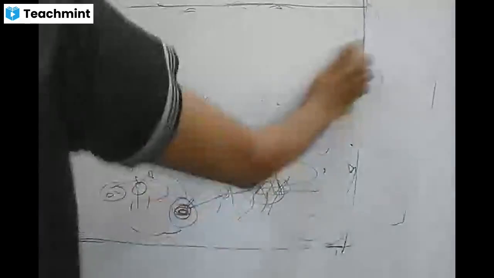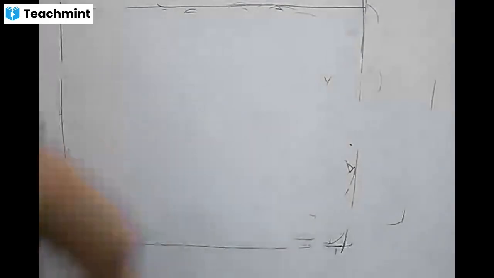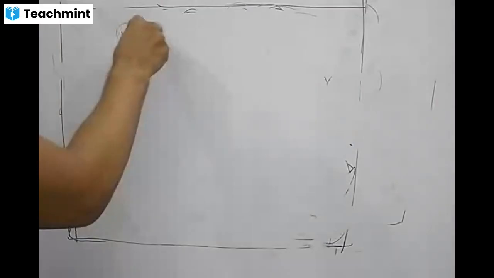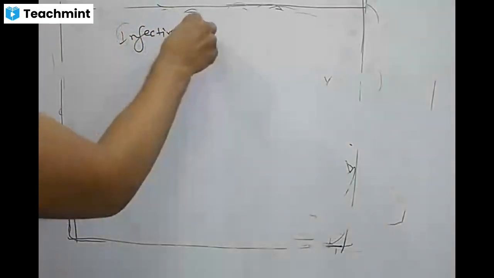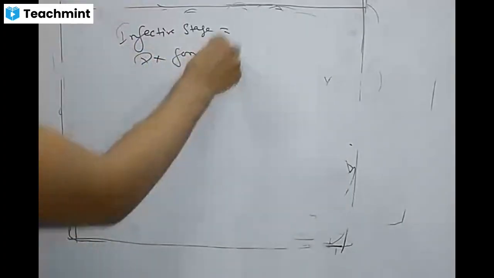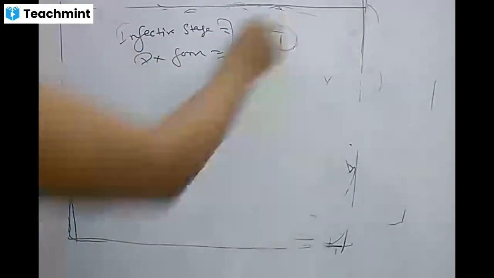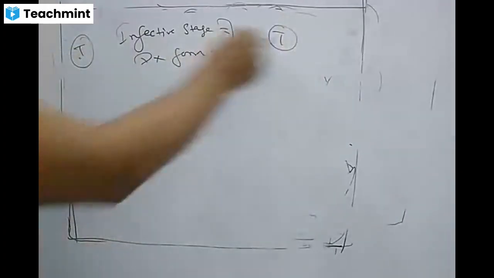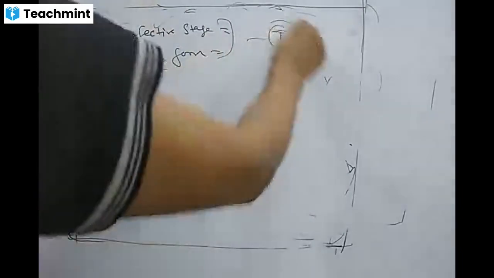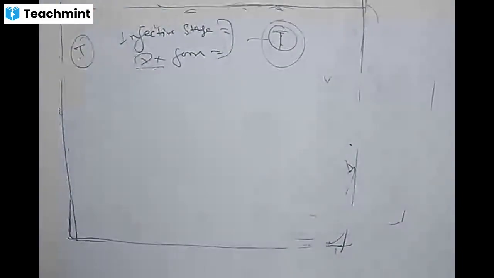So next we will start with the life cycle of your trypanosome. This is a very simple life cycle, because in case of trypanosome, the infective form and the diagnostic form are both T. So in case of trypanosoma, T for T. The infective form is trypomastigote, and the diagnostic form is also trypomastigote.